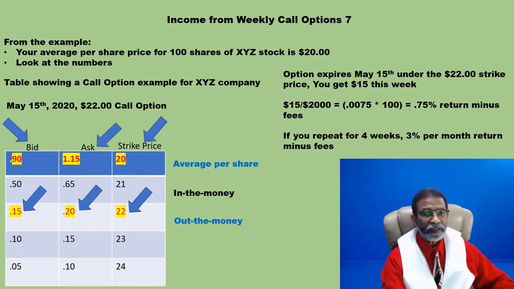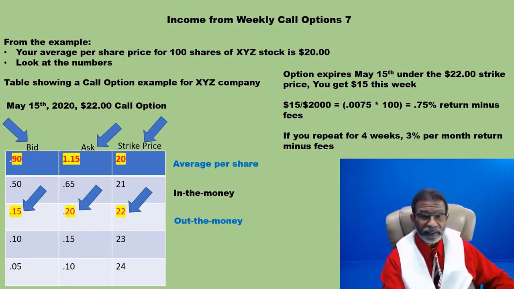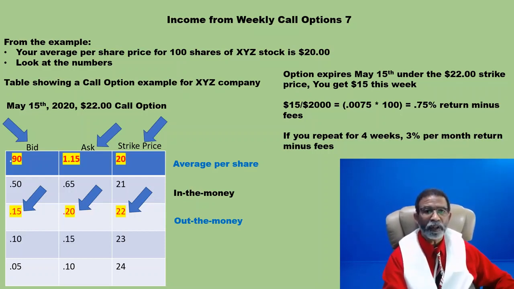Now, $15 divided by the cost of 100 shares at $20 a share, you would divide $15 by $2,000 in this case. You would get 0.0075. To convert that to percent, times 100, that would equal a 0.75% return, minus any additional fees, for this particular week. So think of it, almost you're getting three-quarters of a percent. This would be 0.75% for one week, which is a pretty good return in this example.